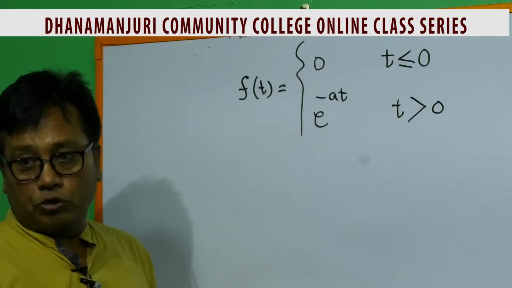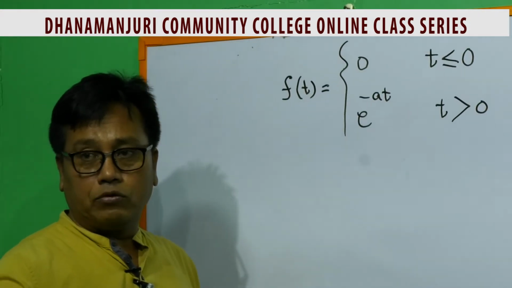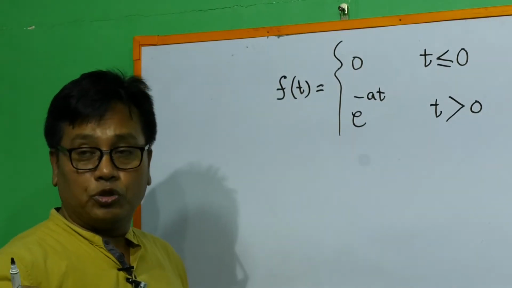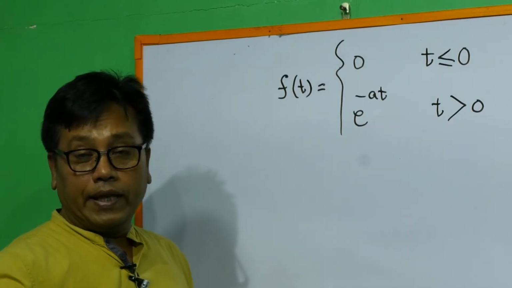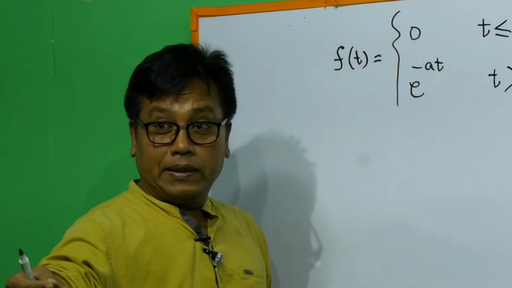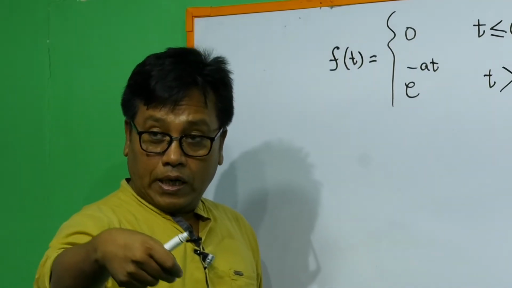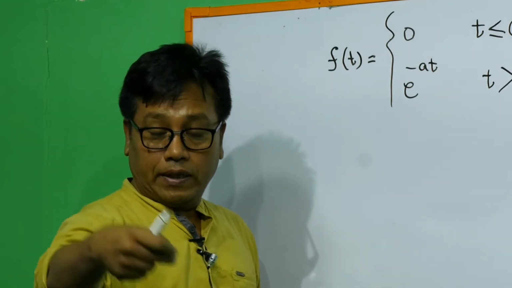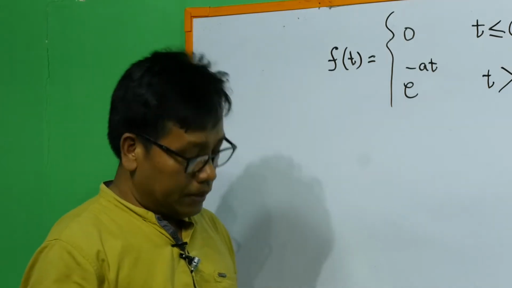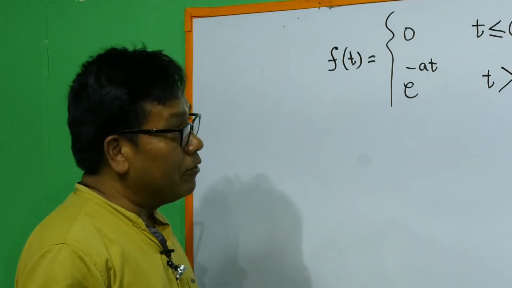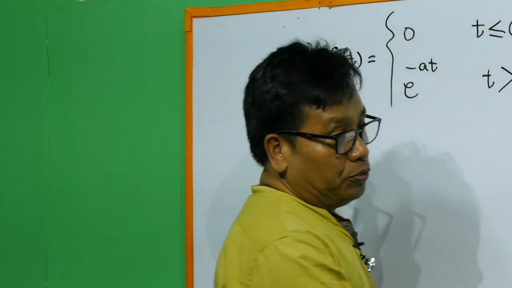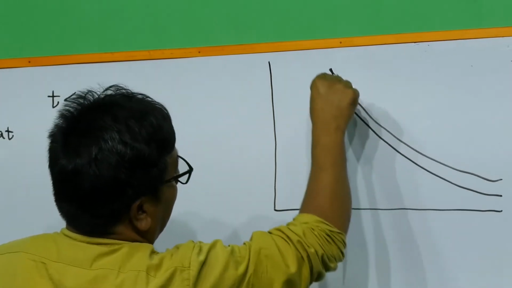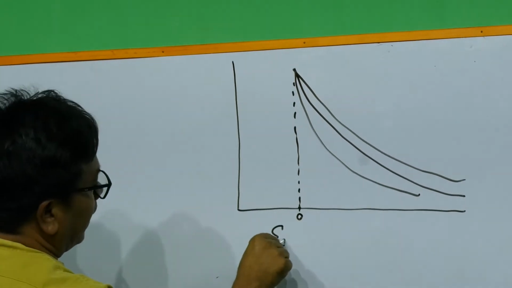When the LCR circuit is switched on, there is a growth of the electric current due to electromagnetic induction, and when the key is open, or the circuit is switched off, the current in the LCR circuit does not go directly to 0, but decreases exponentially. It is not abruptly decaying to 0, but exponentially decaying. Such a representation will look like this. It is just decaying like this. And this is the so-called exponential decay.